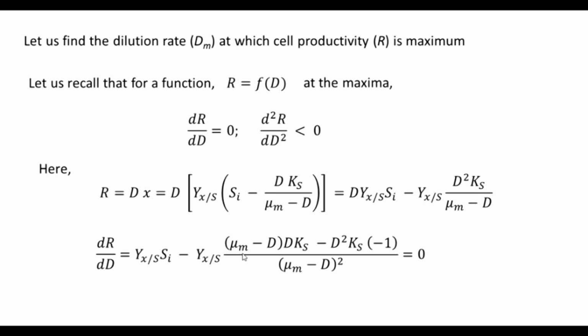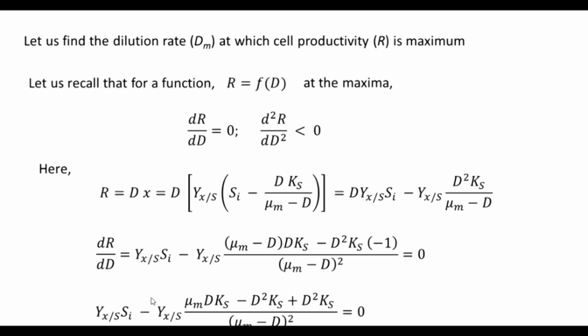So the denominator is mu m minus D, the derivative of D squared Ks is 2DKs, and then minus the numerator, D squared Ks, times the derivative of the denominator, which is minus 1, divided by the denominator squared, mu m minus D squared, that equals 0.